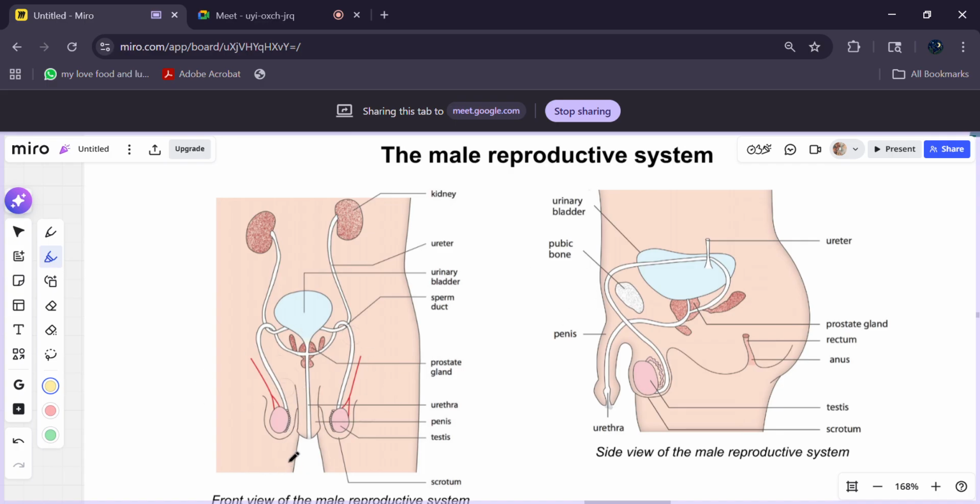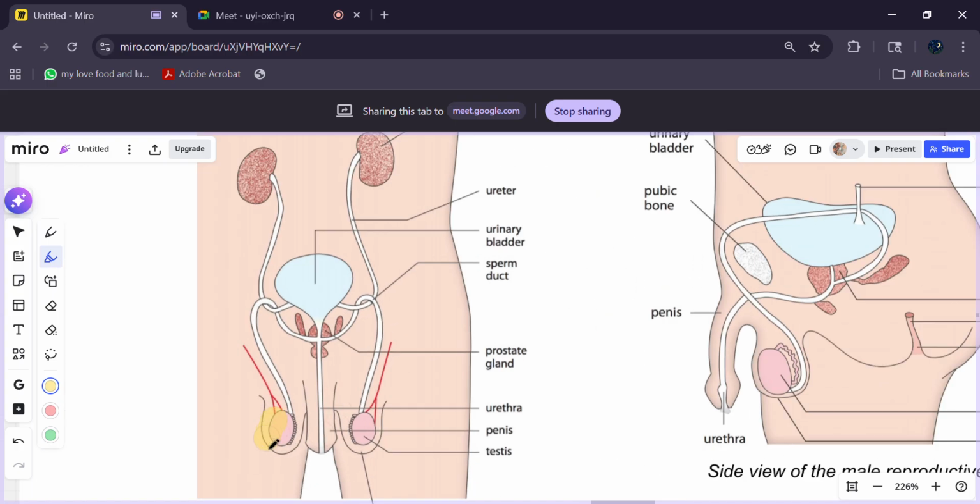Starting with the testes. The testes are part of the reproductive system. There are two testes, and each testis produces sperm. Each testis also produces male sex hormones such as testosterone.